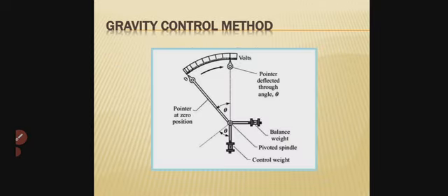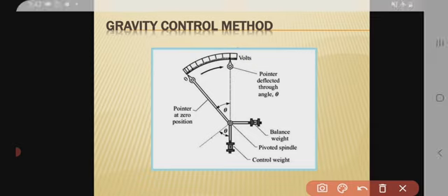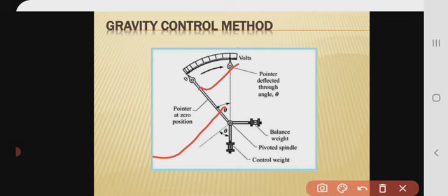This diagram shows the arrangement of the gravity control method. This is the pointer, and this is the non-uniform scale. A balanced weight is attached to the moving system, which provides the necessary controlling torque, and this is the spindle of the system.